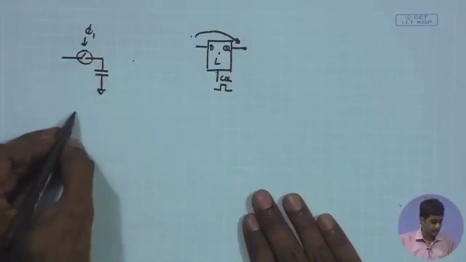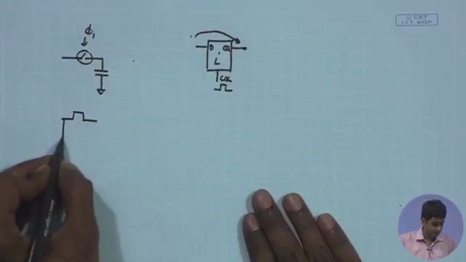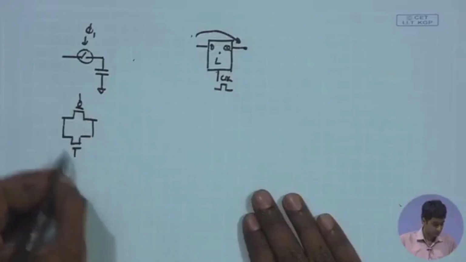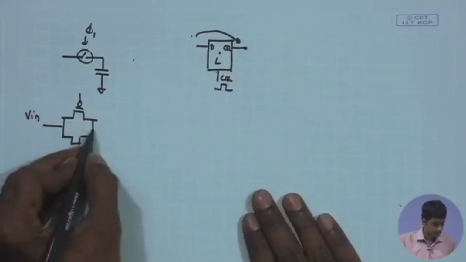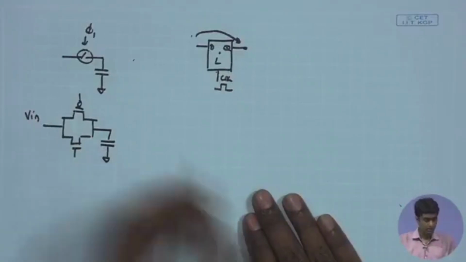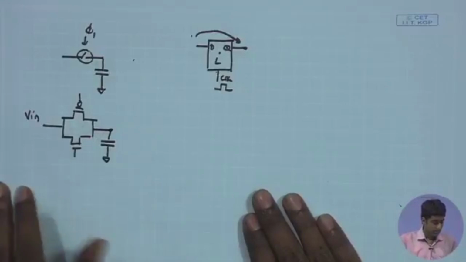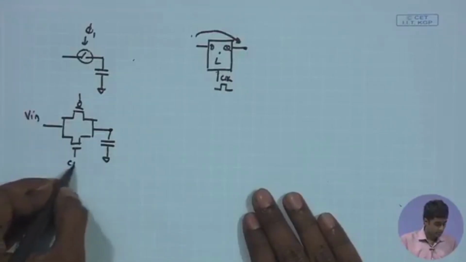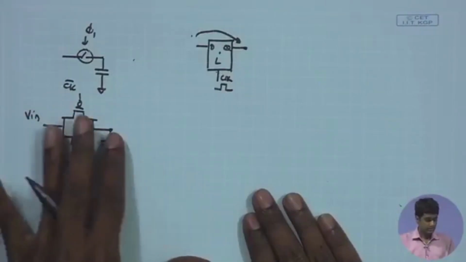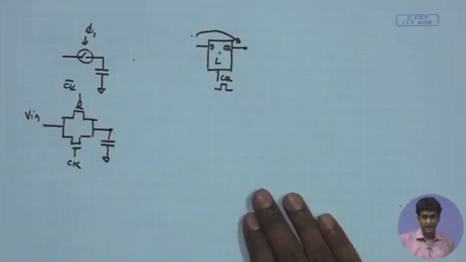You just have the transmission gates, and you have the V in and the capacitor over here, and you have the clock and the clock bar. Then this becomes the simplest possible digital latch.